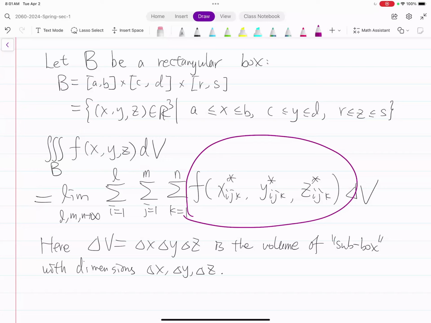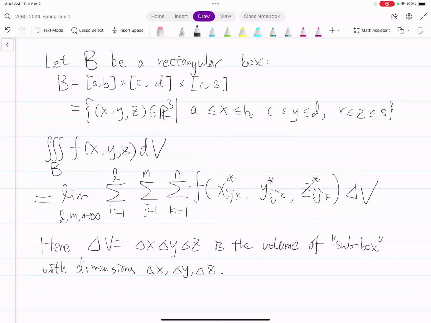In the tiny little increment of the volume, this is actually a box, a rectangle. So basically, there will be a tiny little width, tiny little height, and tiny little length. So that's delta x, delta y, delta z. All right. So that's just a straightforward extension.